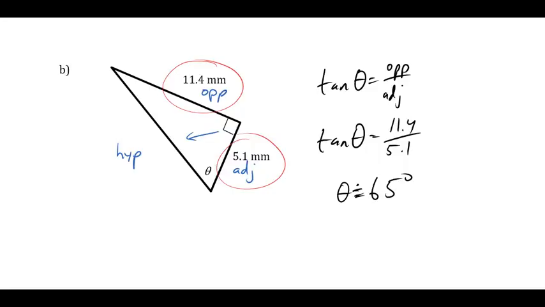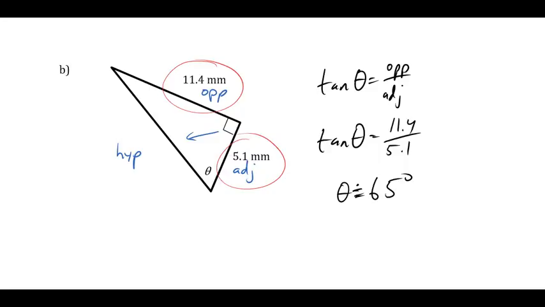So on your calculator, what you should put is shift tan, bracket, and then 11.4 divided by 5.1. Hit equals, and it should give you the answer. That would be 66. I got a syntax error. You probably didn't put, I don't know what you did. Try it again.